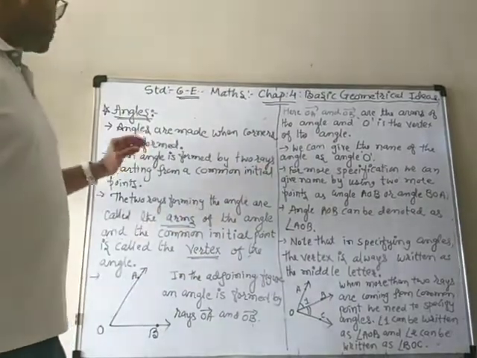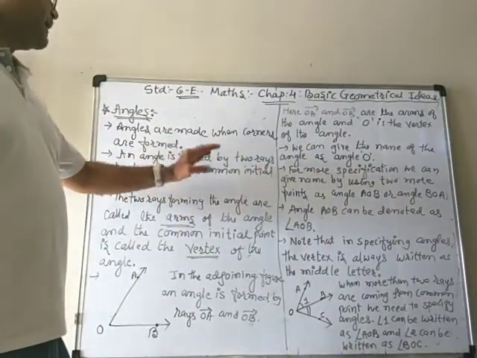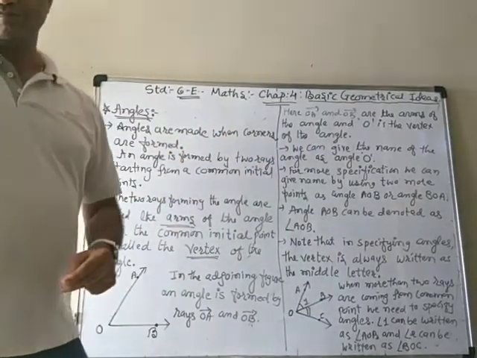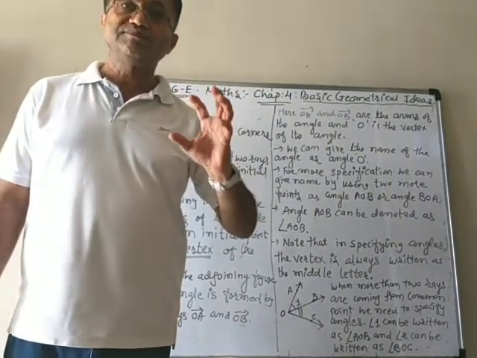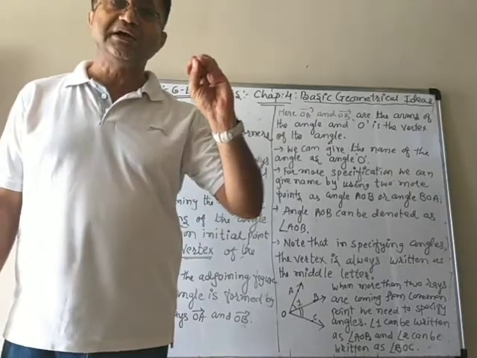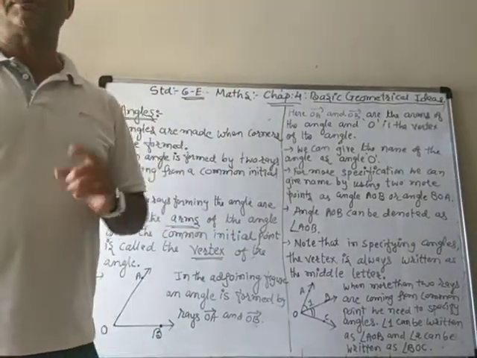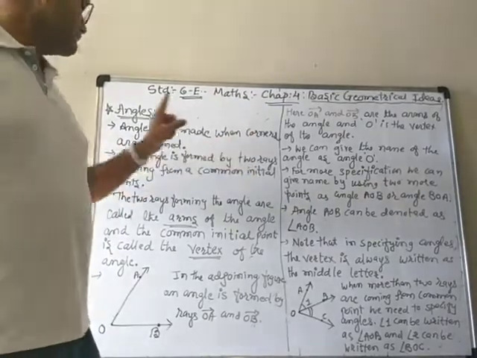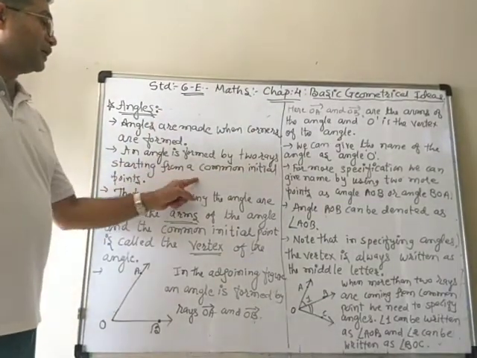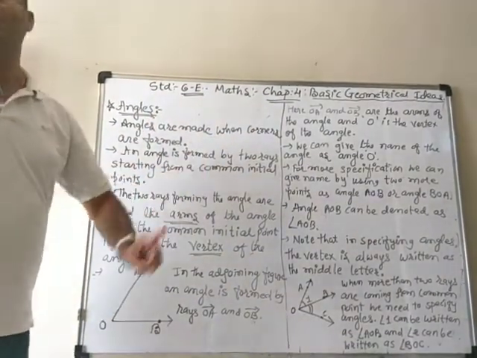An angle is formed by two rays, but there is a special requirement: both the rays must start from a common initial point.